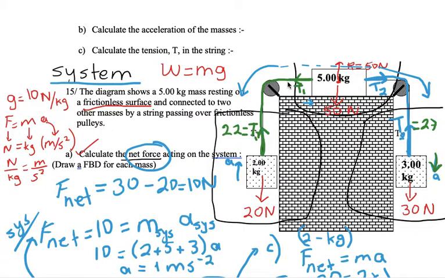Well, if T1 is to the left 22, T2 is to the right 27. Which one is larger? Which one is winning? Obviously 27 should be winning, so I'm going to write winner minus the loser. This gives the F net on the 5 kilogram equals its mass times the acceleration like everybody else.